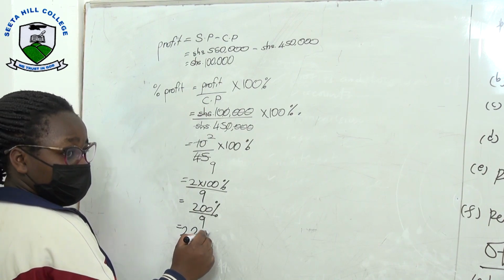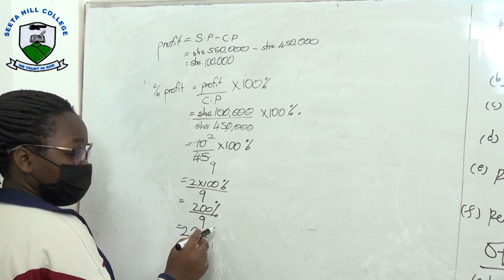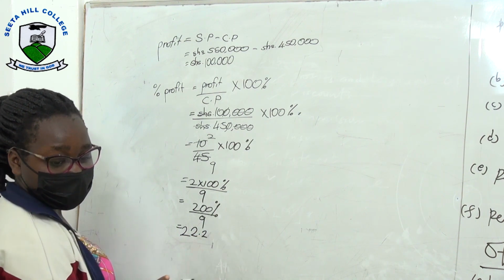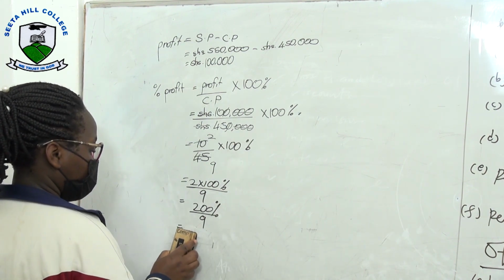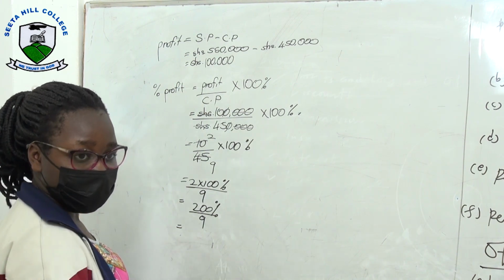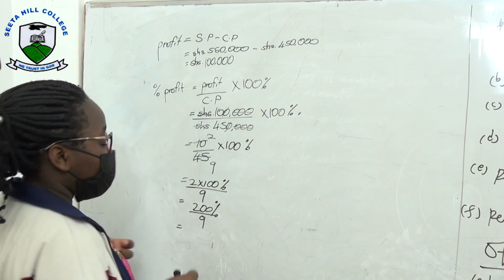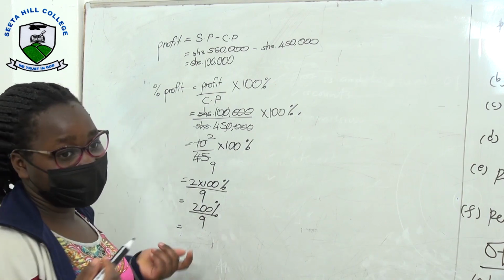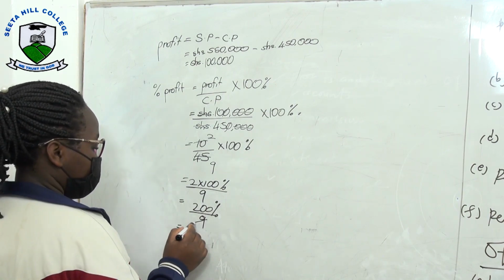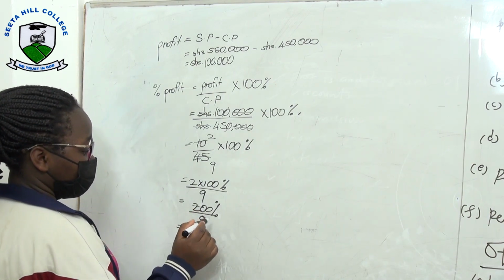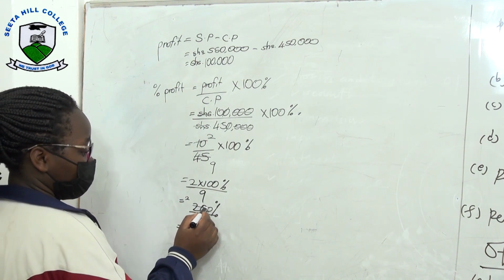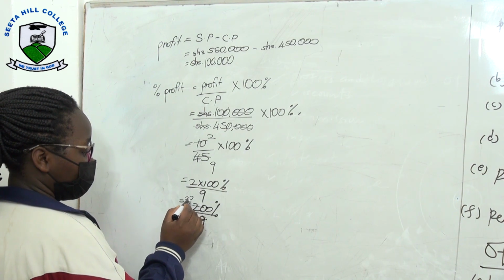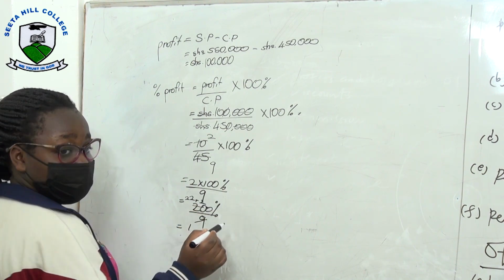Or we divide 200 by 9. By 20 we get 2, because there is 18 and remainder 2.